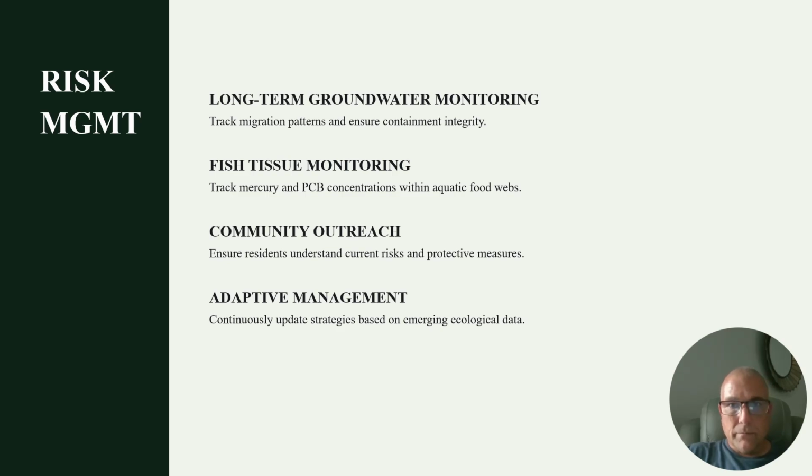Third, community outreach programs should remain active to ensure that residents understand current risks and protective measures. Additional recommendations include continued source control efforts, adaptive management strategies, and expanded ecological monitoring programs. Together, these actions can help maintain progress while addressing remaining contamination concerns.